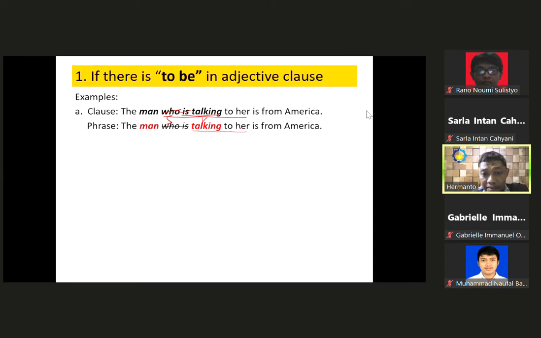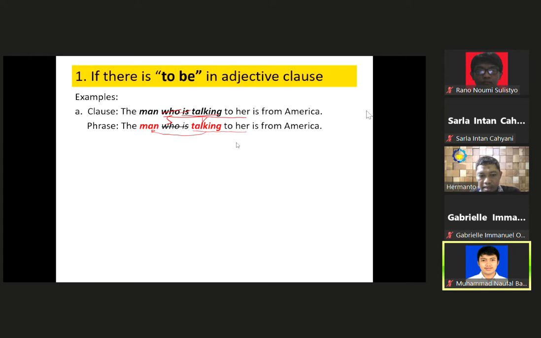Why phrase? Because there is no subject and predicate anymore. Why is it adjective? Because the function is to describe the noun, the man. Okay, everyone, is it clear to you? Okay, thank you.